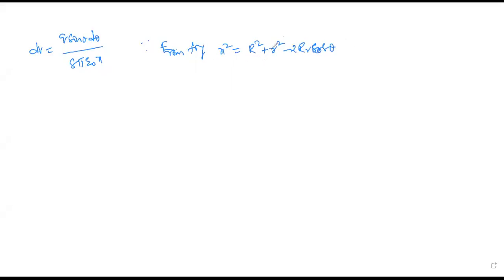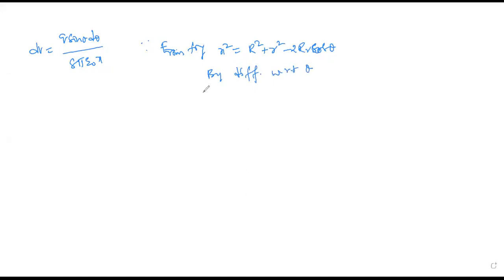This we got as 2rR cos theta. Now differentiate this with respect to theta. If we differentiate this with respect to theta, then how does it become?